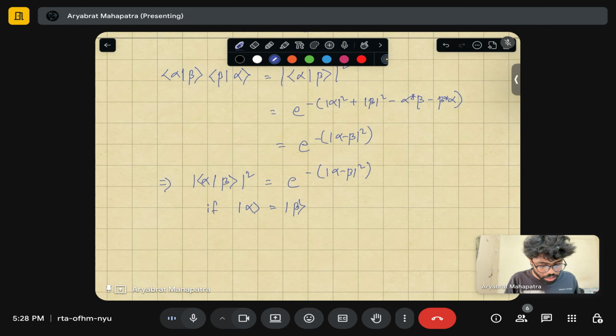So that should be one. So if alpha equals beta, then you find mod square equal to one. That means alpha is a normalized state.